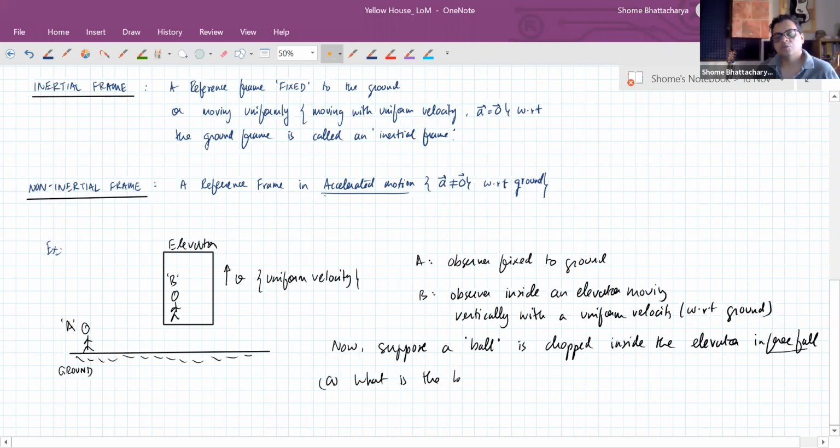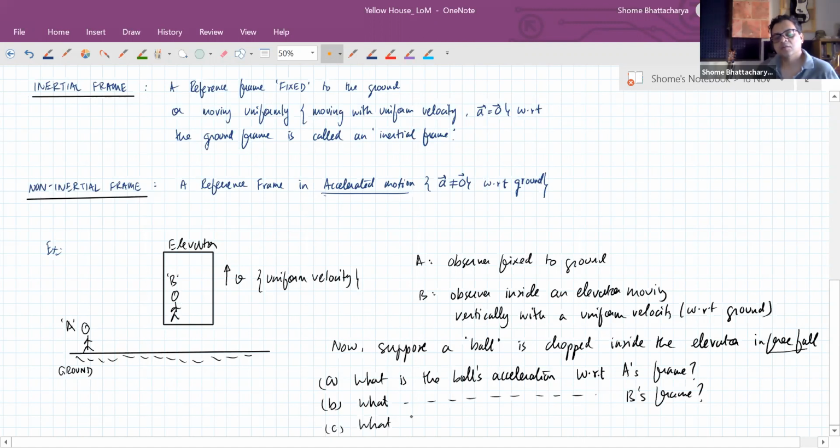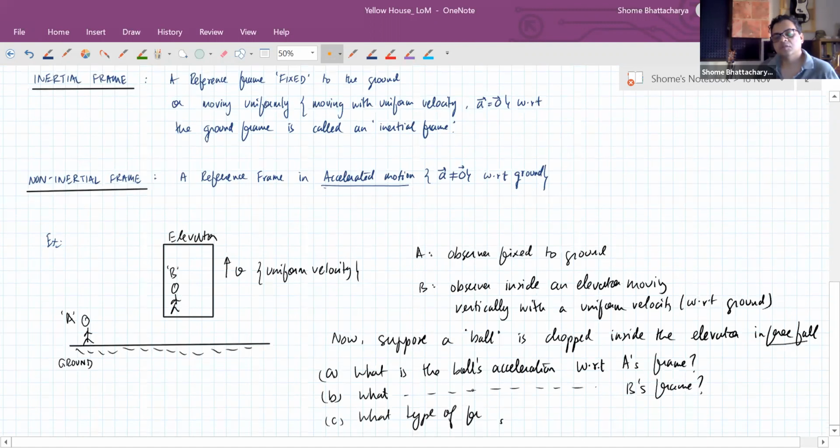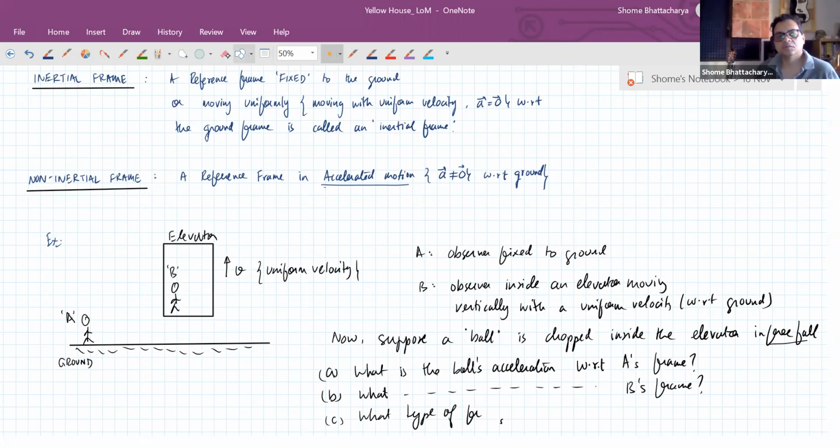What is the ball's acceleration with respect to A's frame, and what is the ball's acceleration with respect to B's frame, and what type of frames are each of A and B's reference frames?